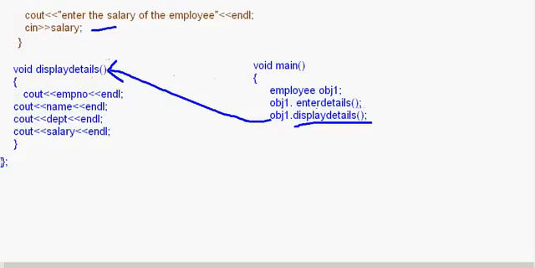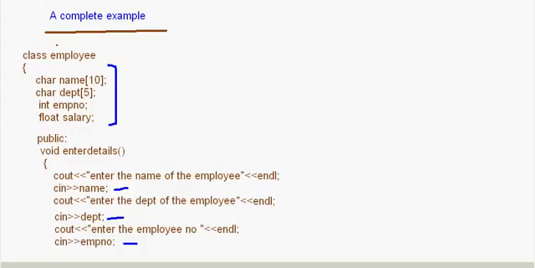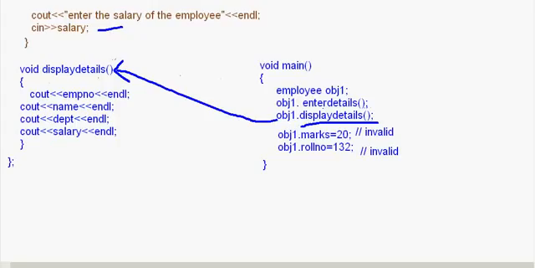Now I'll try to show you something over here. Supposing I say something like this, obj1 dot marks is equal to 20, and I write obj1 dot roll number is equal to 132, something like this. Now these two are invalid. This is also invalid because in our class we have defined, this is the class over here, I have put marks and roll number.